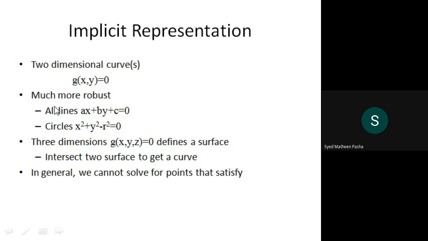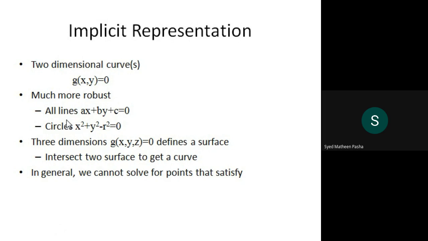The advantage of implicit representation over explicit representation is that it is more robust, because you can represent all lines in this, and you can represent circles as well. What was the disadvantage of explicit representation? You were not able to draw lines or circles.